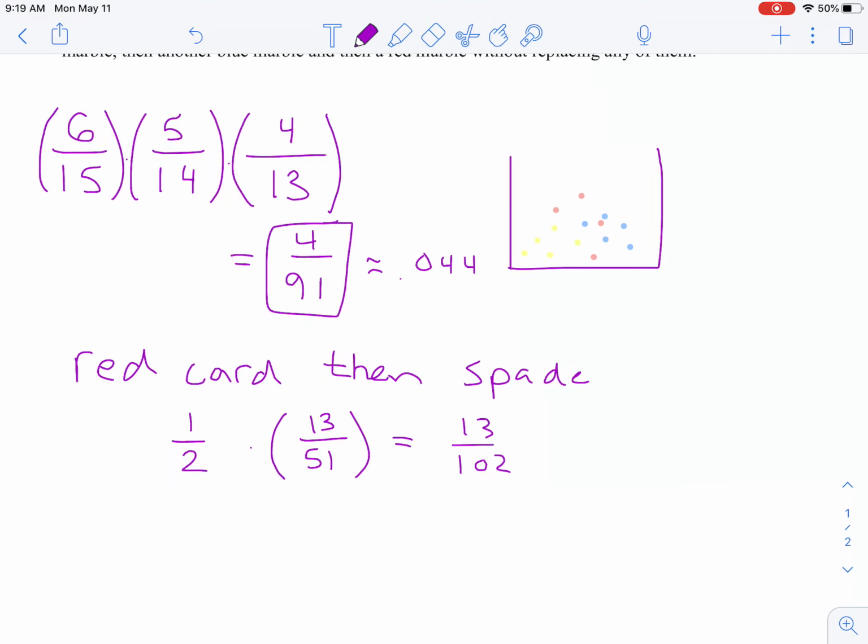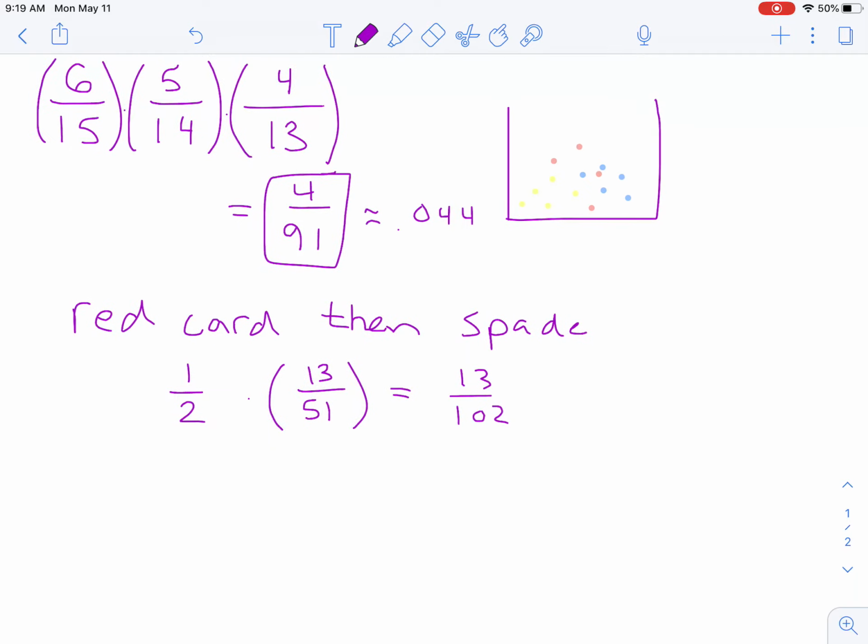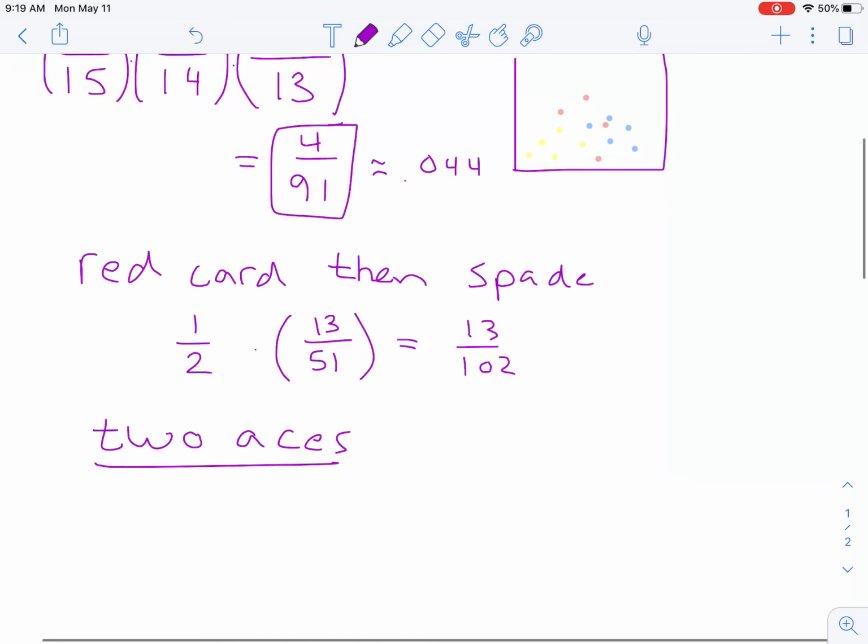So when you ever hear about people playing blackjack and getting in trouble for counting cards, or just people being really good at cards, they have a good idea of how these events work. Like, what's the probability of getting 2 aces? Well, for the first card I have a 4 out of 52.